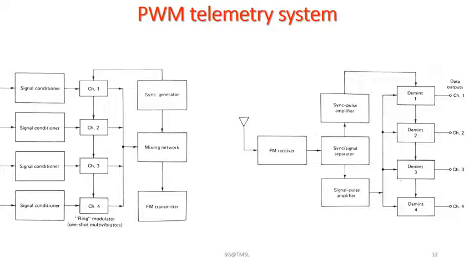When the multivibrator is turned off, it triggers the second channel multivibrator, and so on down the line. The outputs of these 4 multivibrators are square signal pulses of time periods T1 to T4. The position of each pulse with respect to its neighbor is proportional to the corresponding physiological data.